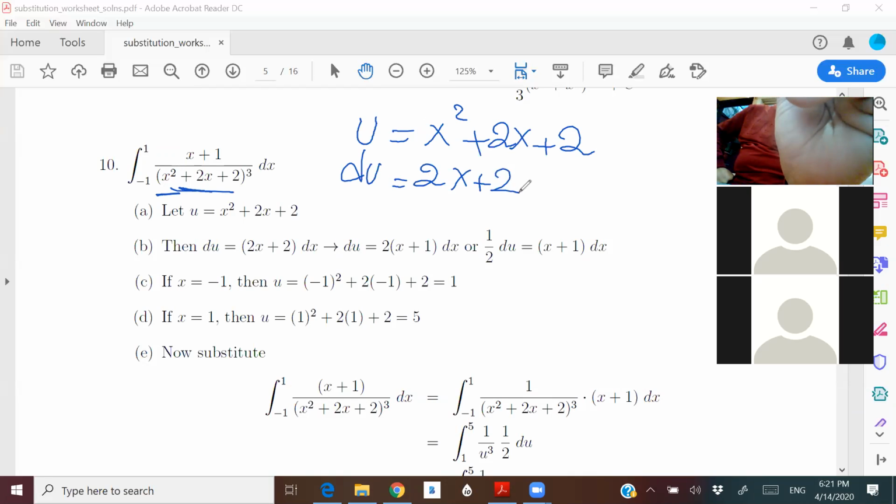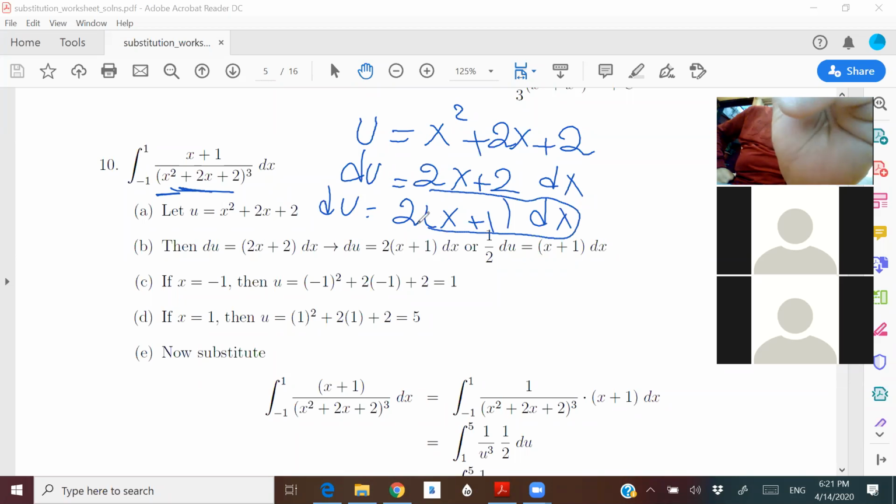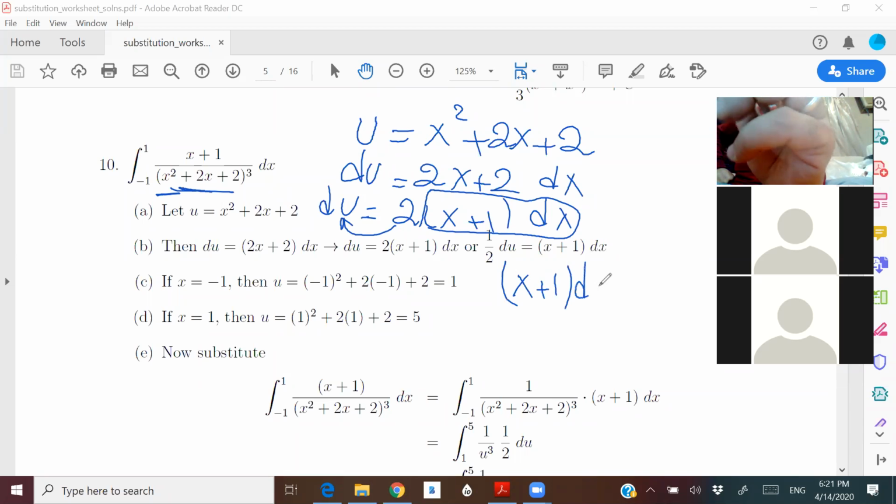Take a 2 common: x plus 1 dx. So I have to replace x plus 1 dx package by half du, and every denominator function by u.